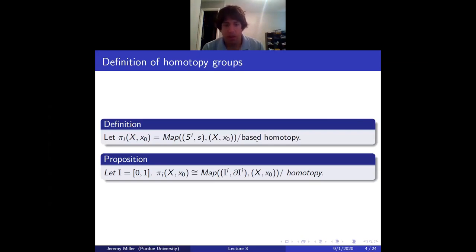So the cube goes into the space, and the boundary of the cube is mapped to a point. And then this is modulo homotopy of pairs. So in particular, in the homotopy, the boundary needs to always map to the base point.